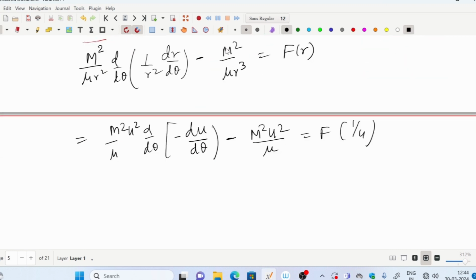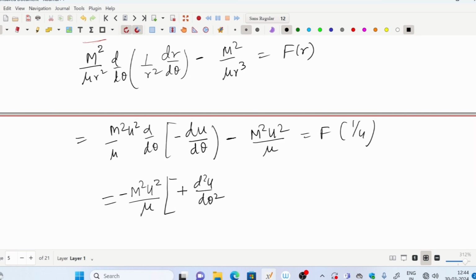Okay, great. So you will find m square u square by mu common. So let us write m square u square by mu and take a minus also common for our convenience. This is plus d2u/dθ square.